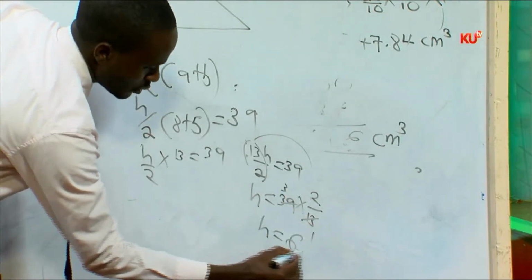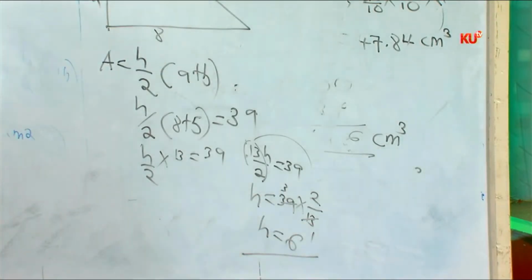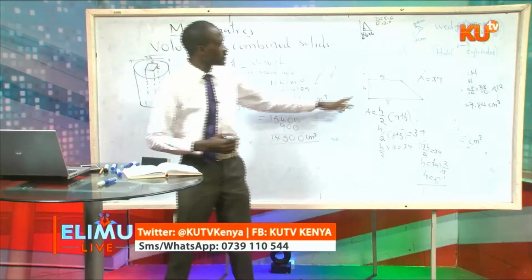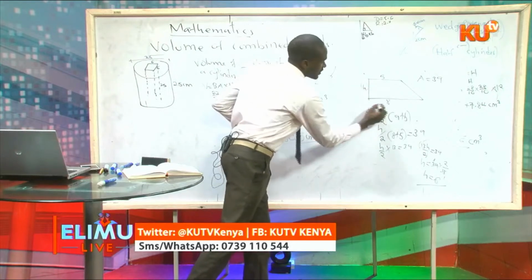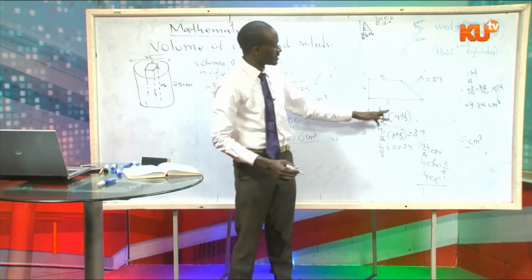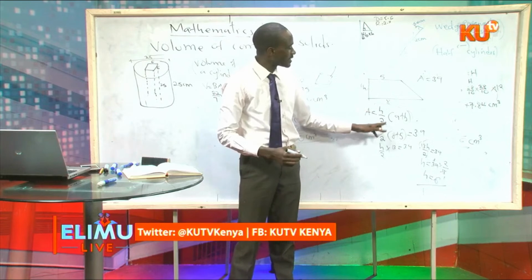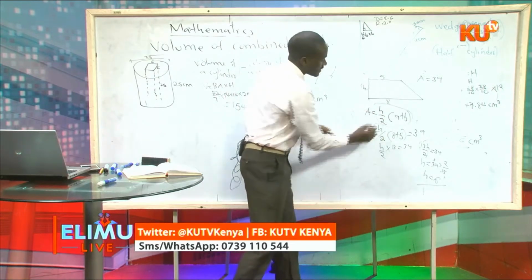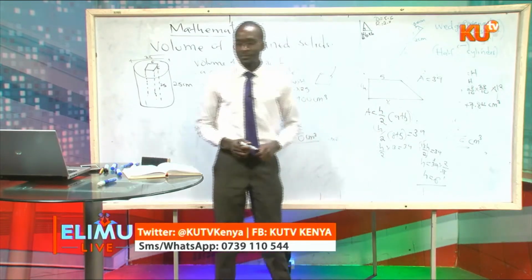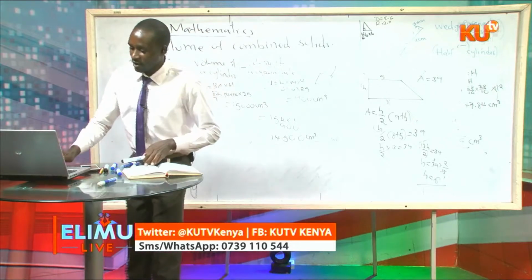Height is equal to 6. Now use the formula to get what is missing. So long as you have the formula, now you replace the figures which are there with what is there, and now you are left with height. Now this is like an algebraic expression.